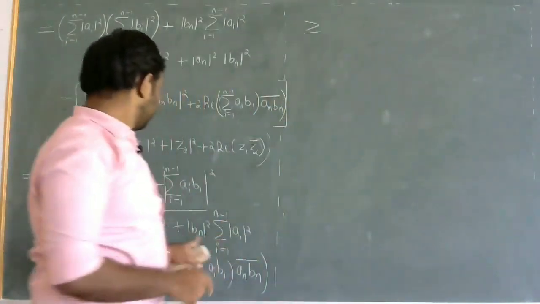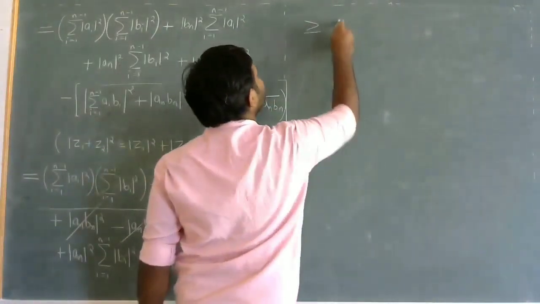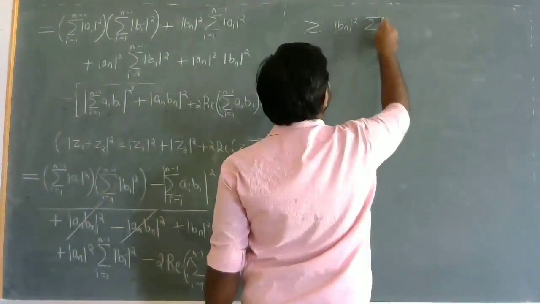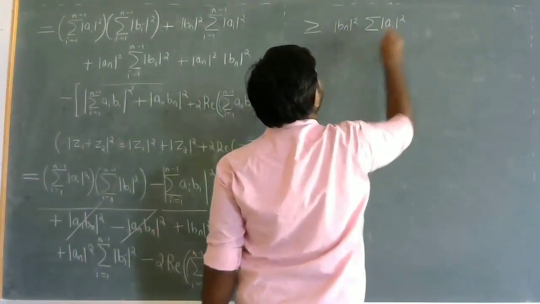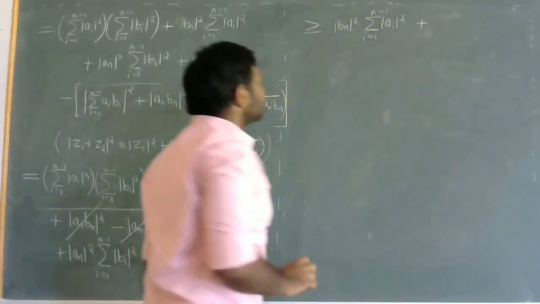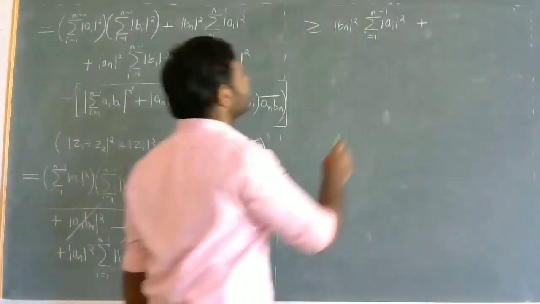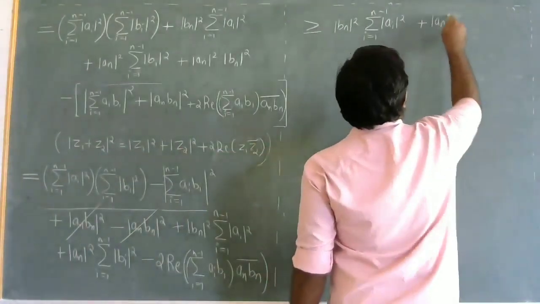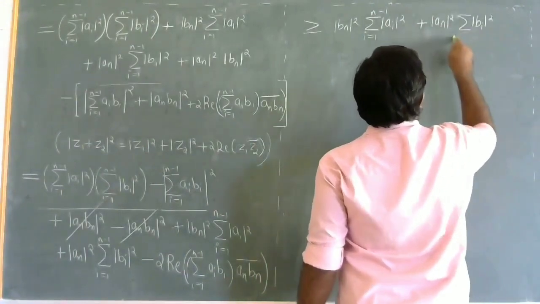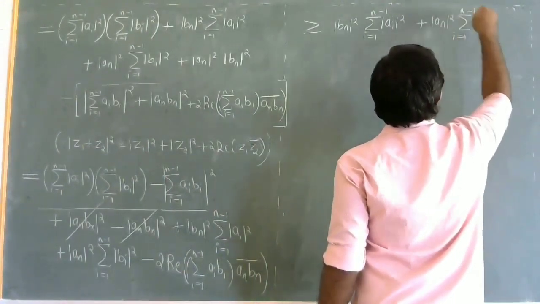So the terms are modulus of bn square into summation modulus of ai square, i running from 1 to n minus 1, plus modulus of an square into summation modulus of bi square, i running from 1 to n minus 1.